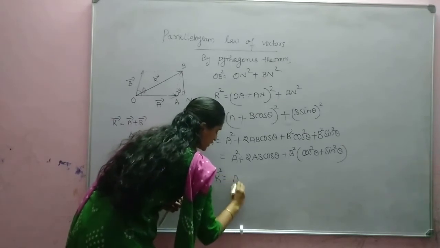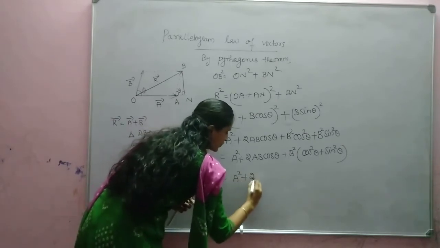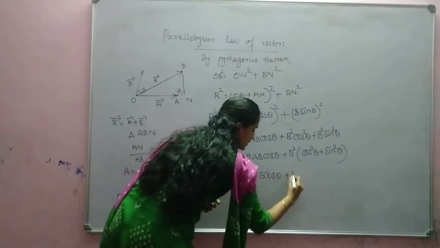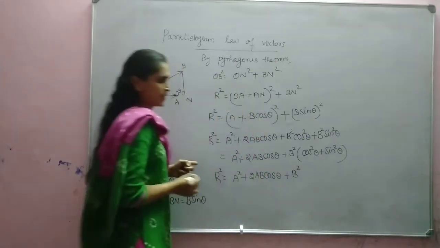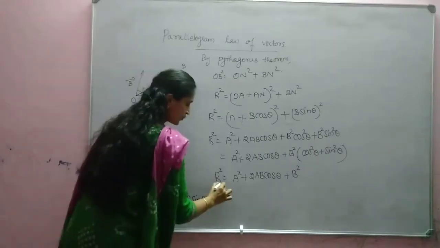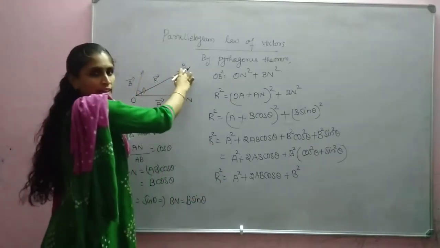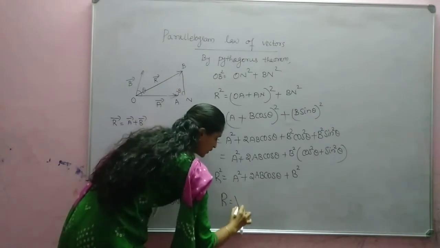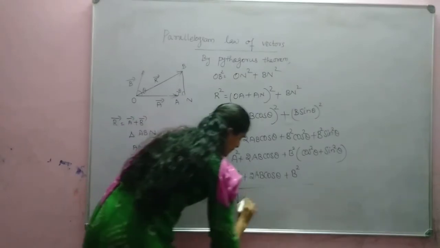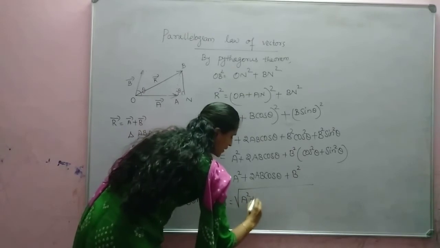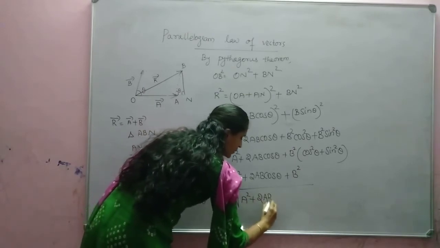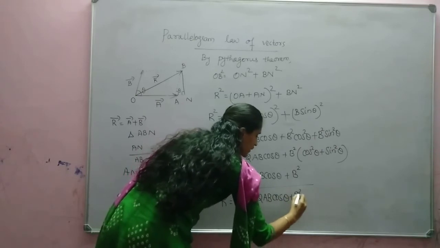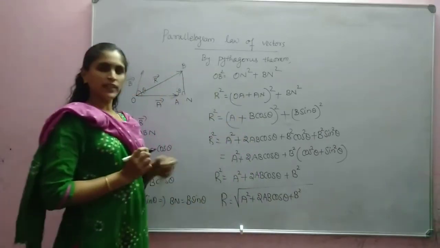R square is equal to A square plus 2AB cos theta plus B square. We have to find R. R is the length of this diagonal. So R is equal to square root of A square plus 2AB cos theta plus B square. So we got the resultant.